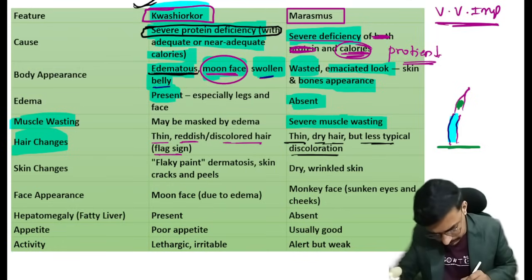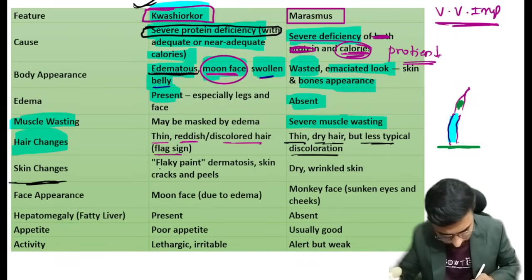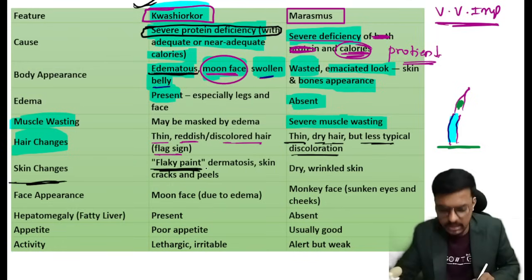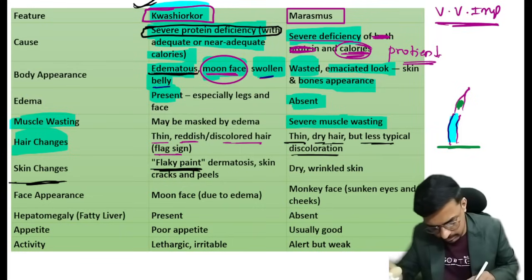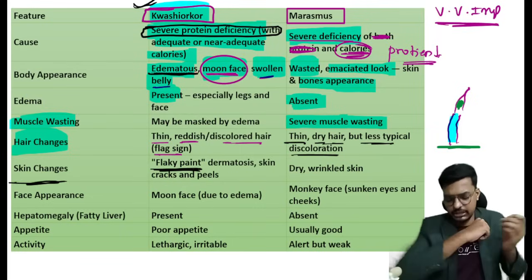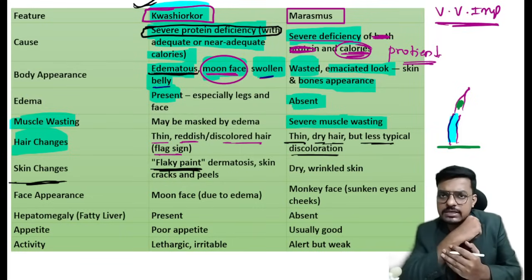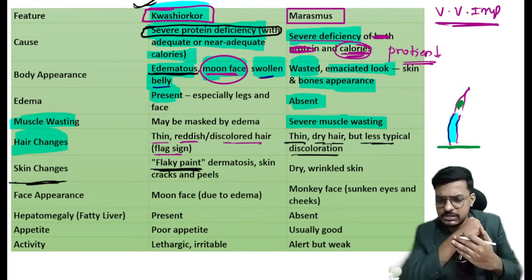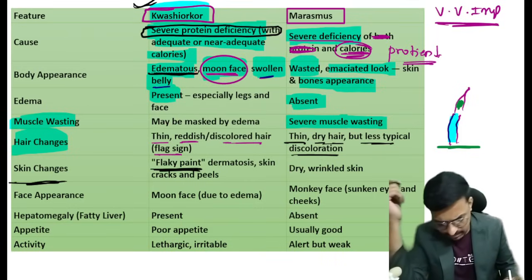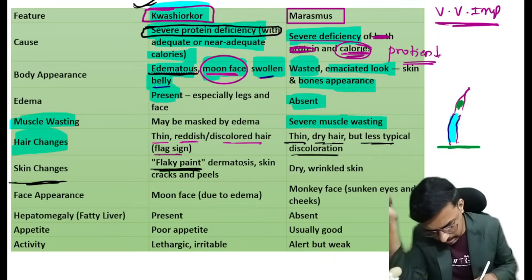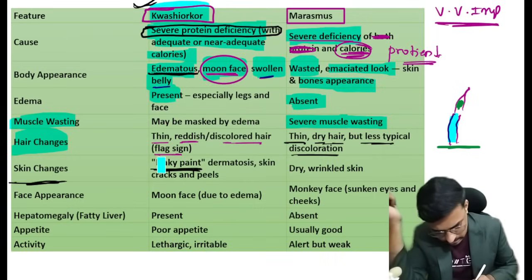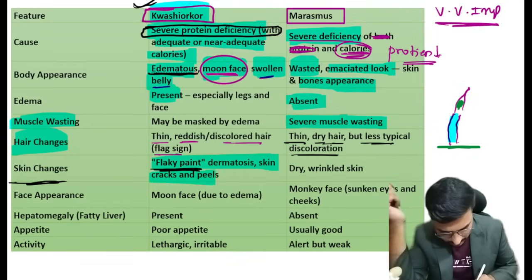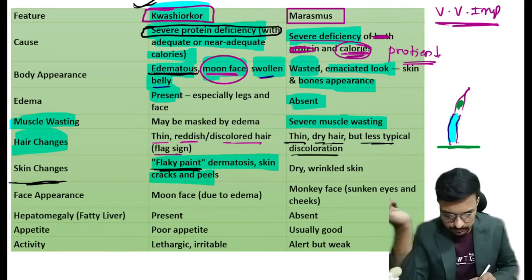Then comes the skin changes. Flaky paint dermatitis we will see in a case of kwashiorkor. Why? Because for the proper integrity and maintenance of the skin, protein is again necessary. Protein deficiency gives what we call flaky paint dermatitis of the skin, and cracks will be there on the skin.